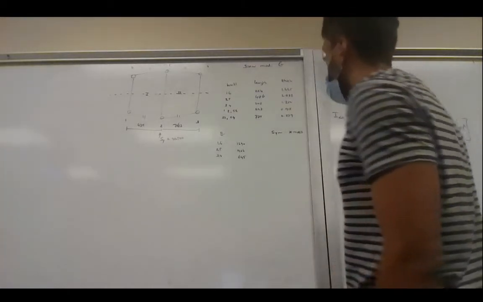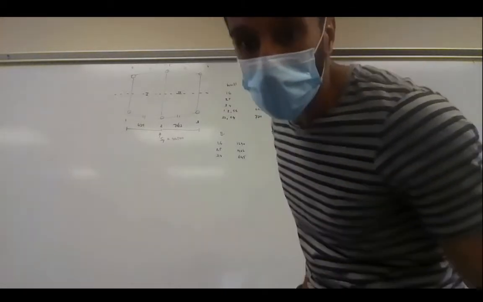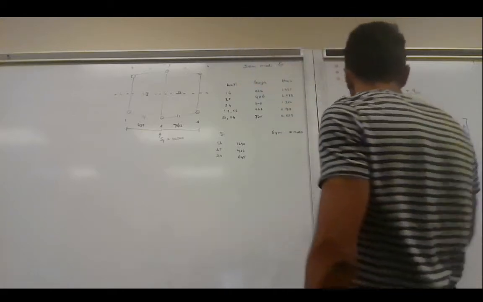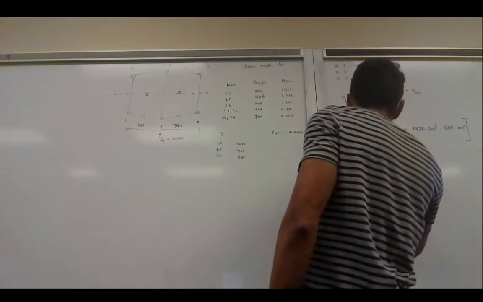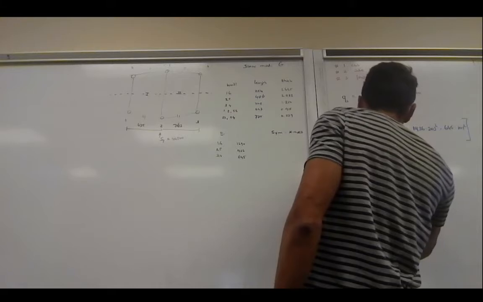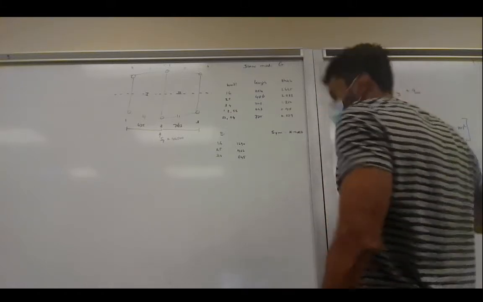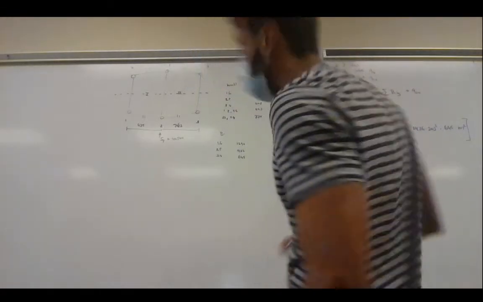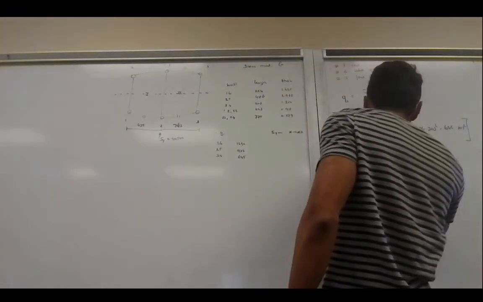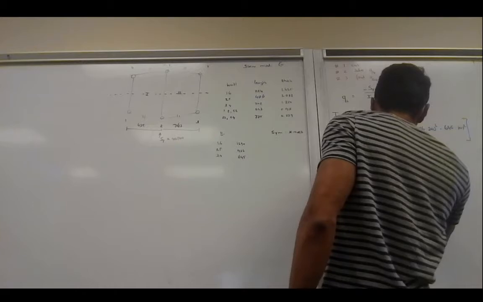It's 1936. That gives you a total of 214.3 10 to the power 6 millimeters to the power 4.